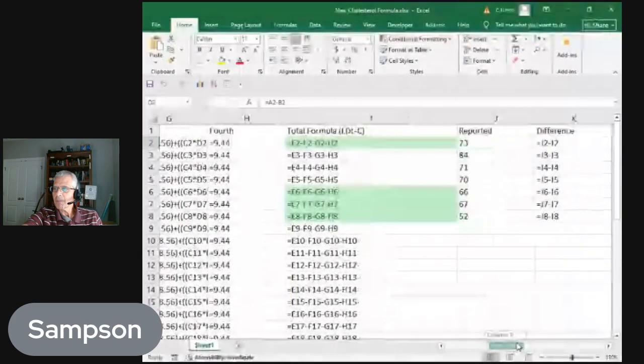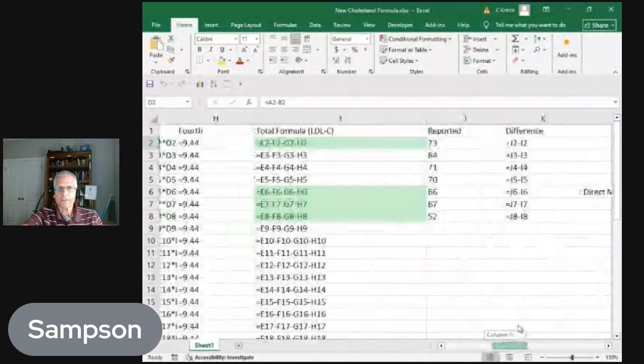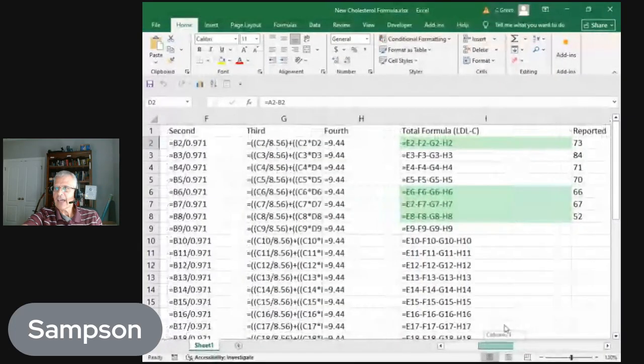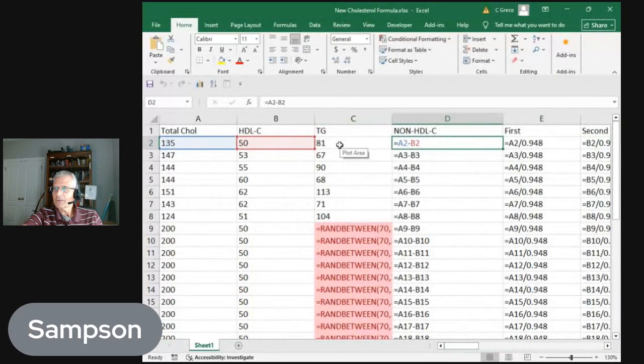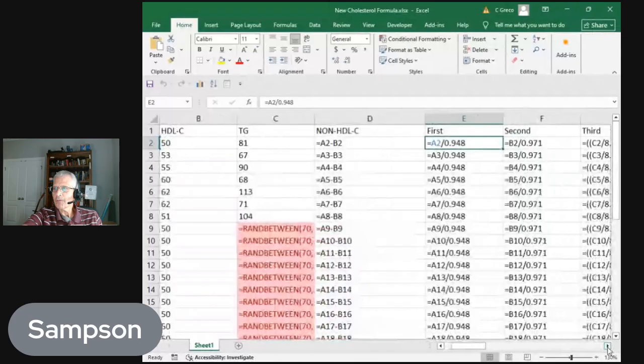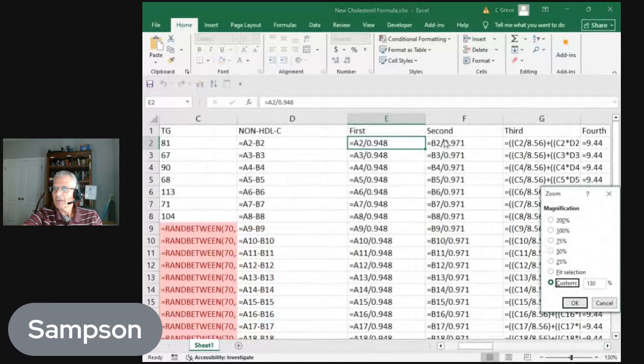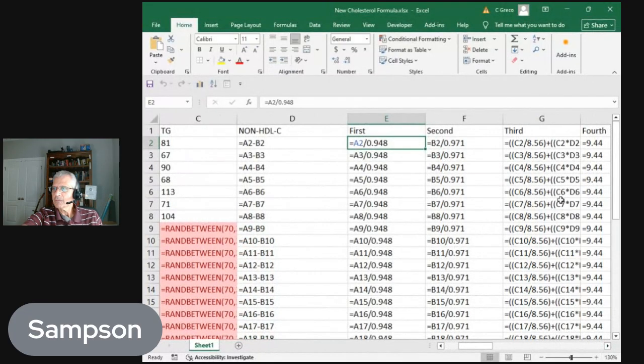But you can slow this thing down, and you can go one at a time through this, and you can get these formulas. You can do these formulas bit by bit, one by one.